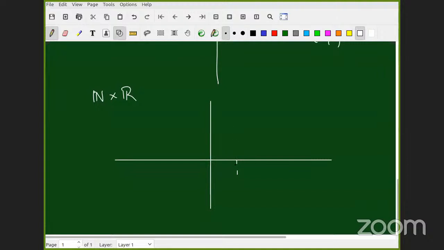Then how about 1, 3/4? How about 1, x? Does it belong to N cross R? Yes, sir. For what values of x does it belong to N cross R? All of you should answer this question, not only Jayashree. This question is for all. Please think. For what values of x does (1, x) belong to N cross R? Quick.